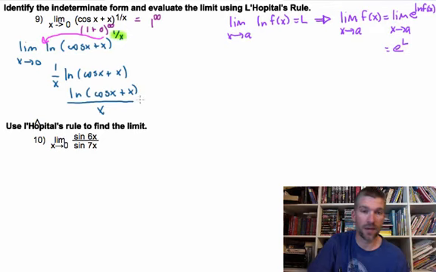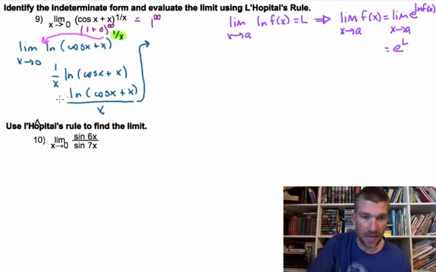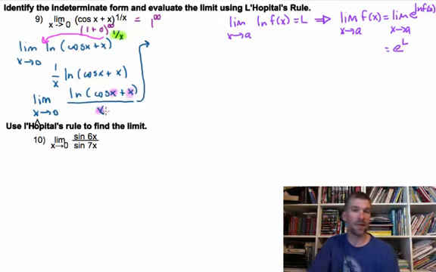Are there other steps that I can take, or what can I do to solve this problem? It's also possible from here that I could just straight up use L'Hopital's rule, but I need to get an indeterminate form first. So if I look at this guy right here, and I now adjust for my limit, the limit as x approaches 0, then when I put the 0 in for all of my x's, I get 0 in the denominator. I get the cosine of 0 plus 0.